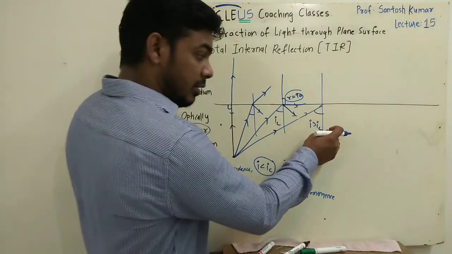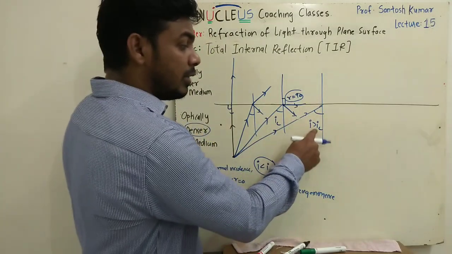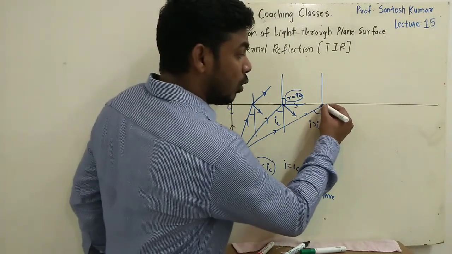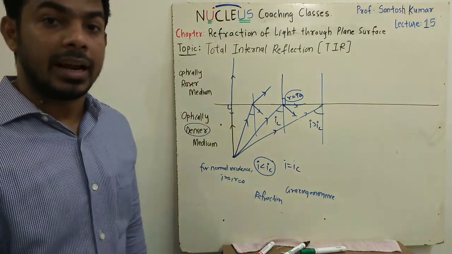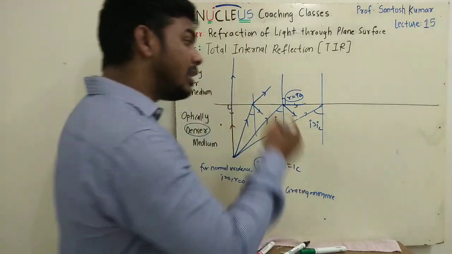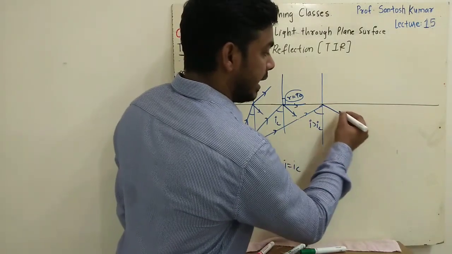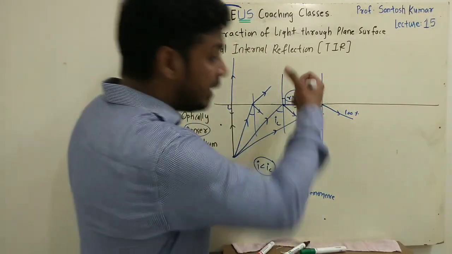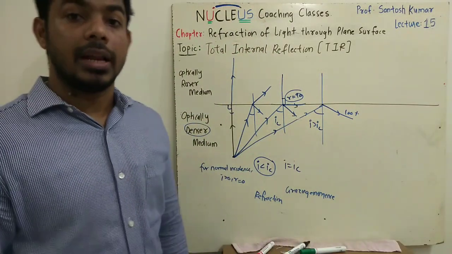So in the fourth case, when the angle of incidence is more than critical, what we observe is that no part of the light will get refracted. In fact, all the light, I would say 100% of the light, will get reflected back into the denser medium.